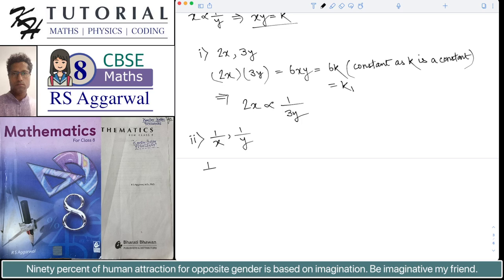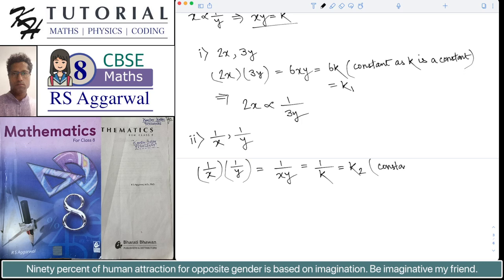Their product is 1 by x multiplied by 1 by y, which is equal to 1 by xy, which is equal to 1 by k, and this is a constant. Since k is the constant of variation for the quantities x and y, 1 by k should also be a constant. So let's say this is constant k2.